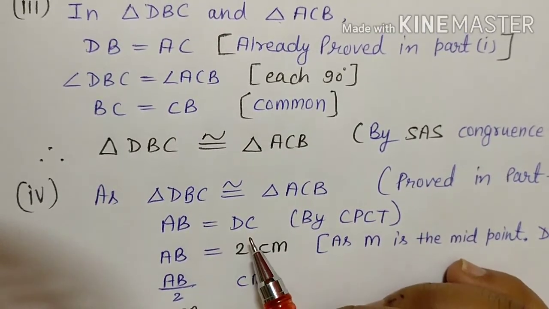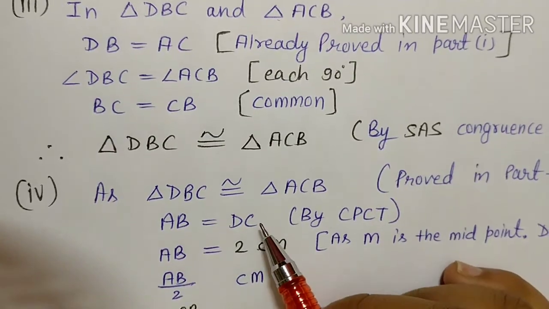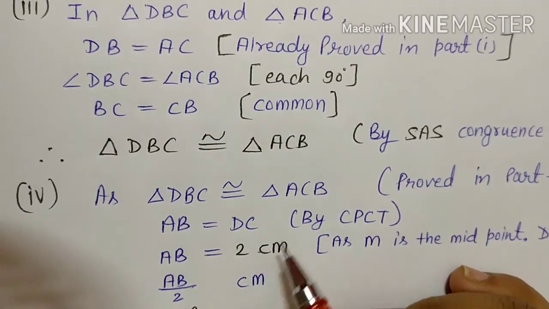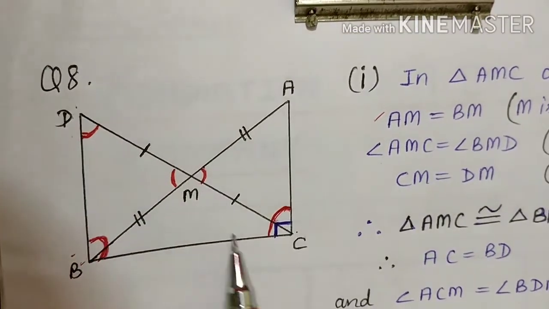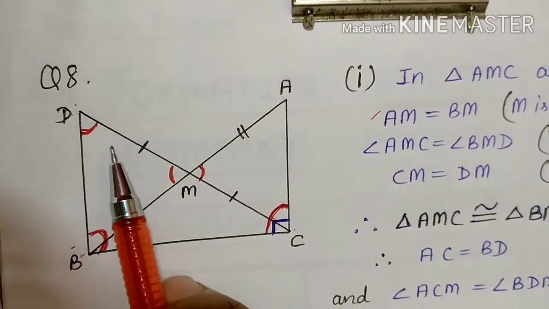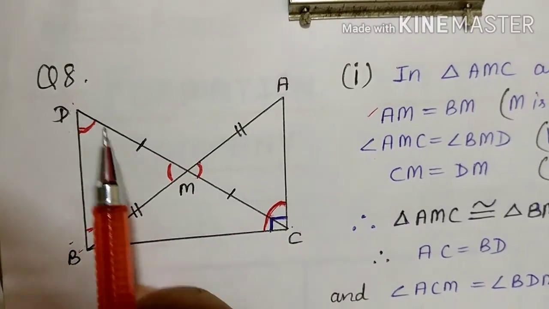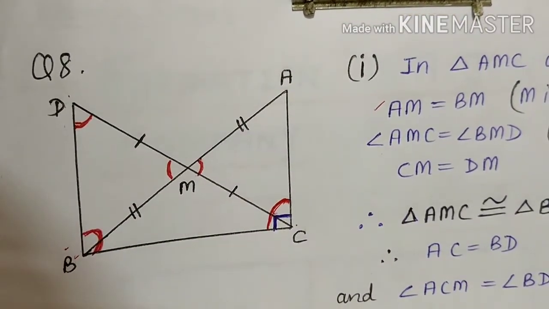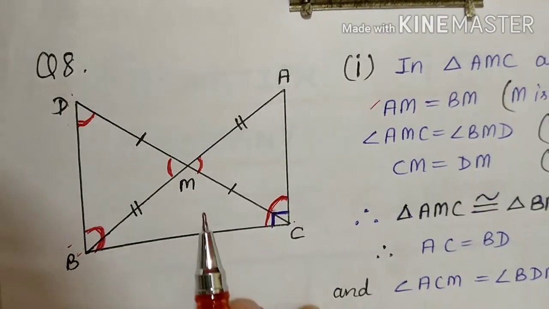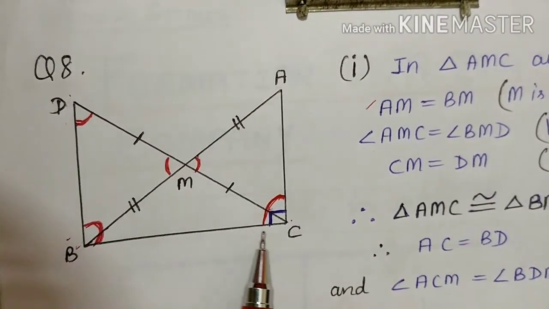Now in DC, DM equals CM. Why? It is already given in the question that DM equals CM.